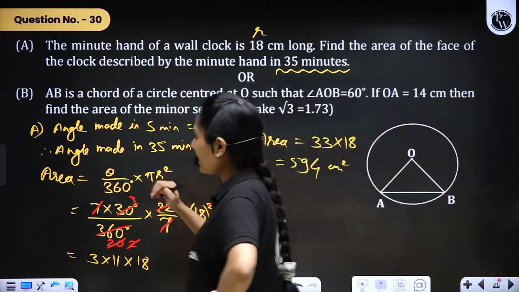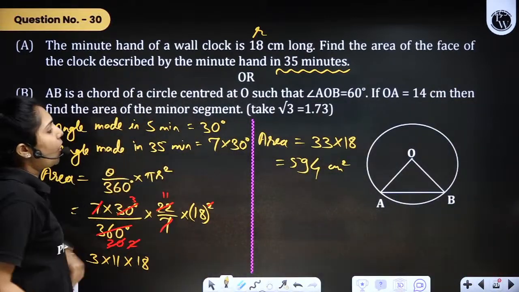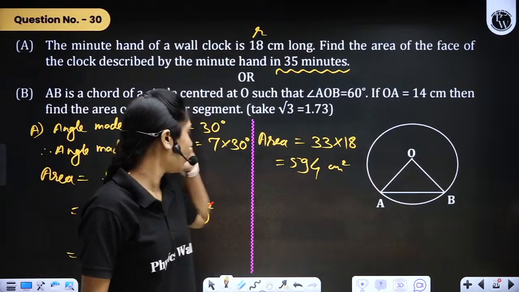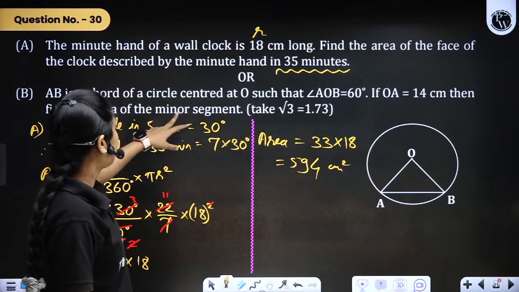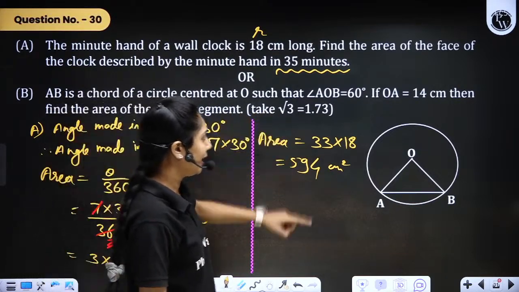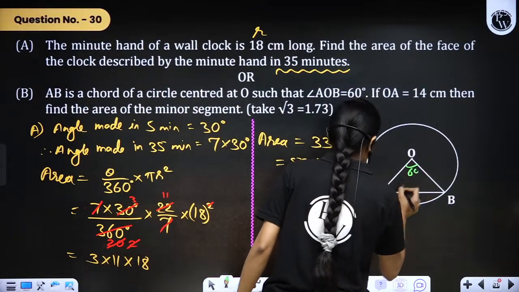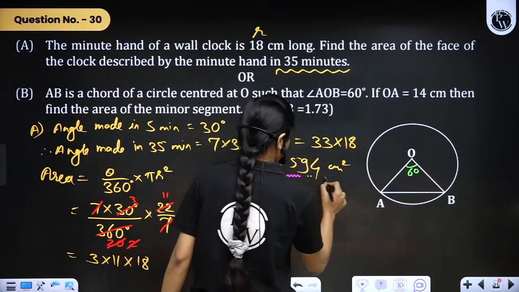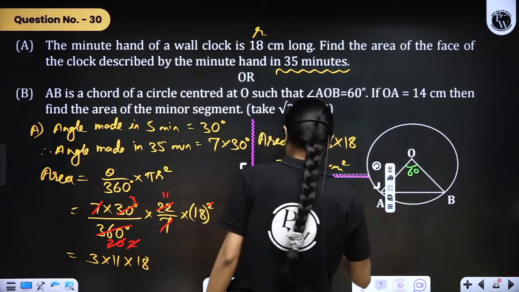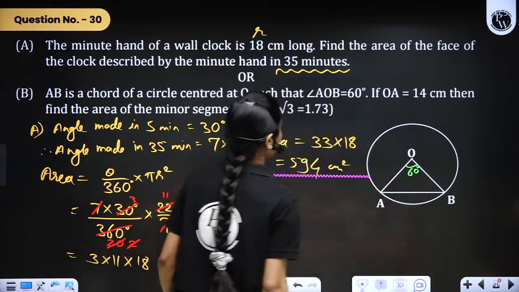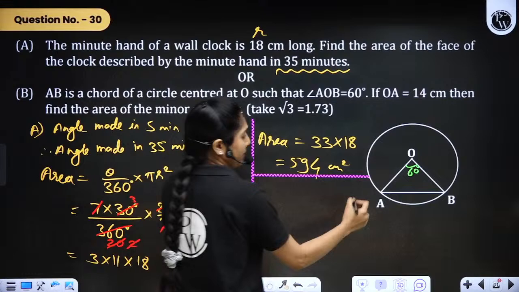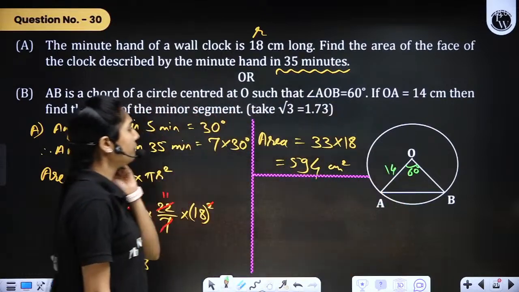Now coming towards B. AB is the chord of a circle centered at O such that angle AOB is 60 degree. OA is 14, that means the radius is given to us.